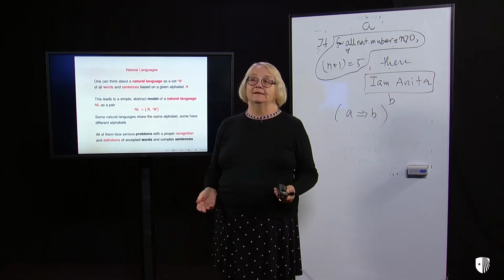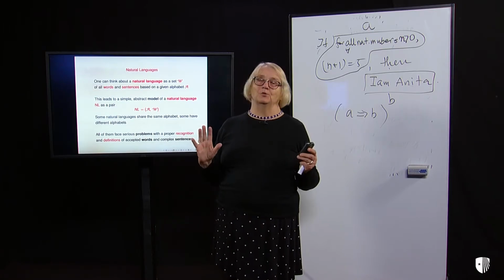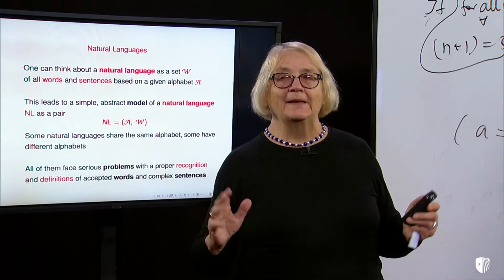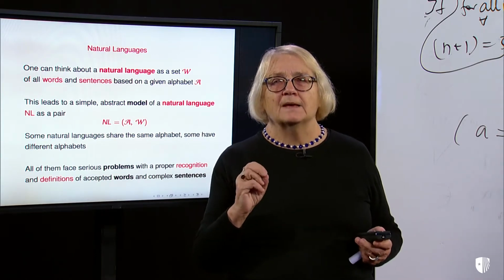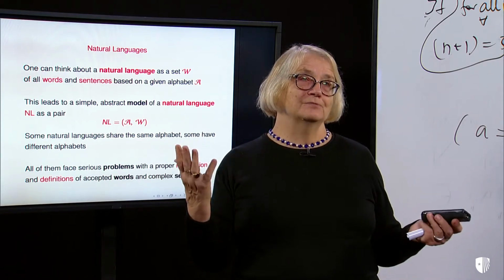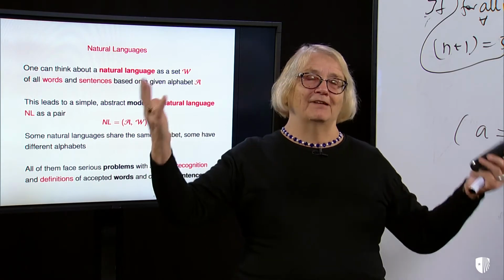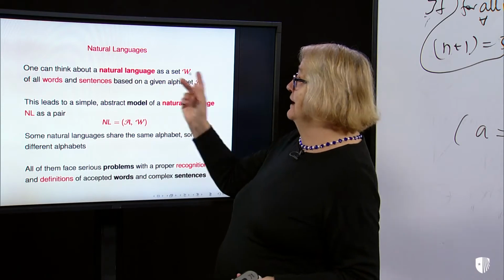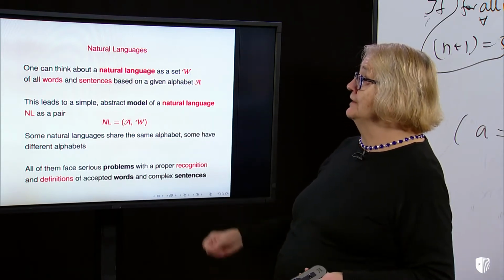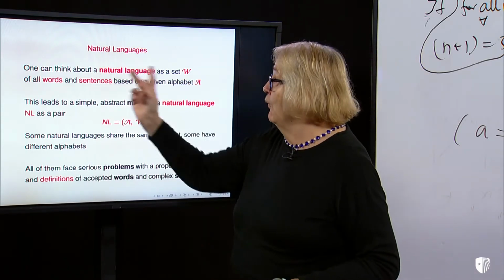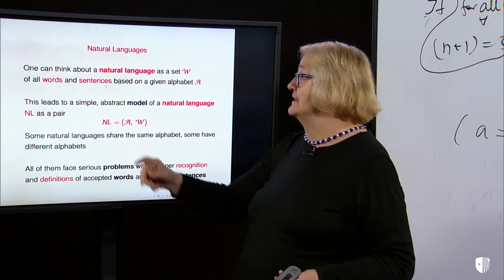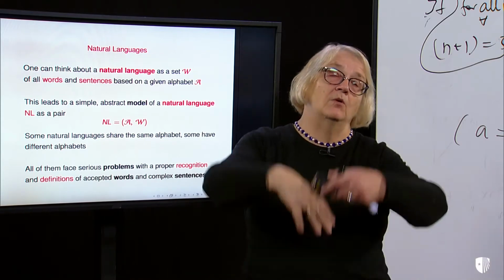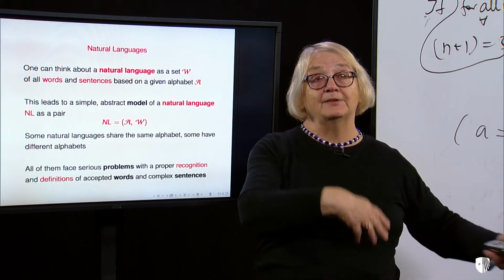And so, let's now try to write it in a little bit more sophisticated way. We can think about natural language, which has everything, as a set of words, let's call it W, of all words and sentences based on a given alphabet. You have an alphabet and you have all words and sentences; different alphabets, different languages.